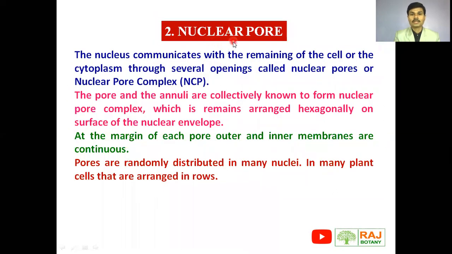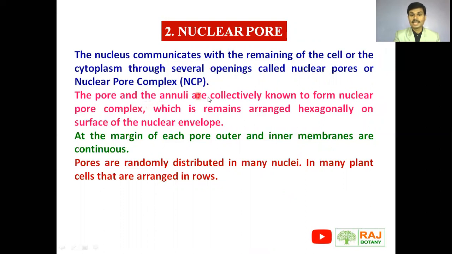Let's see the nuclear pore. The nucleus communicates with the remaining part of the cell, the cytoplasm, through several openings called nuclear pores. We can observe several openings on the nuclear membrane. These are called nuclear pores, or more particularly nuclear pore complexes.